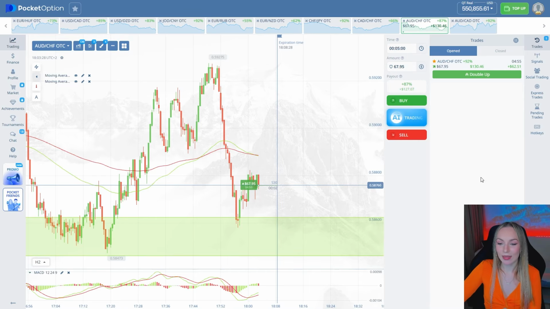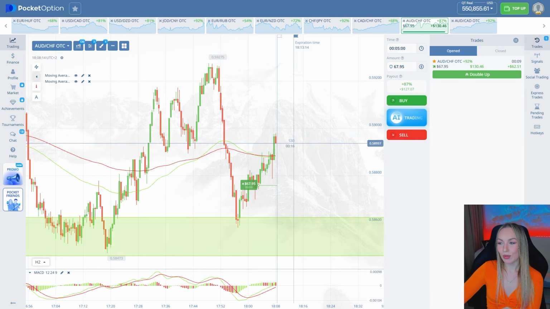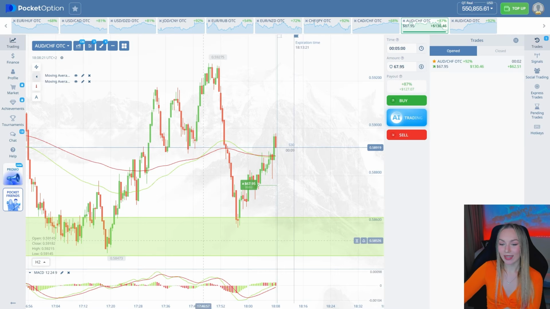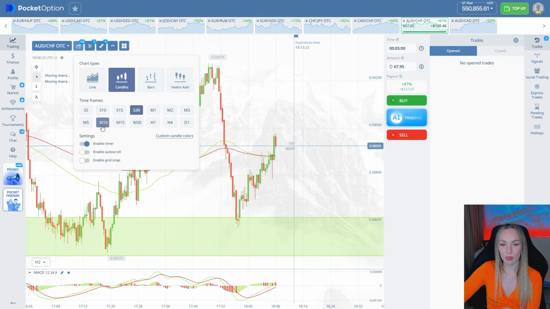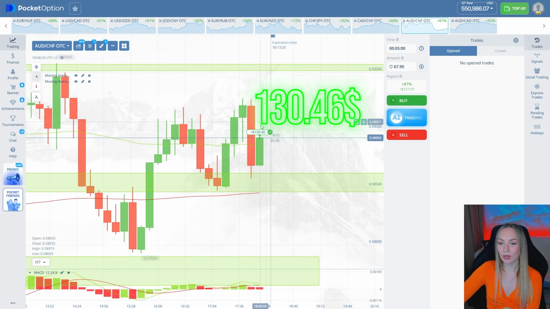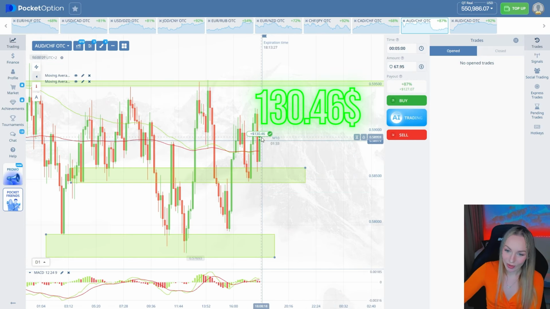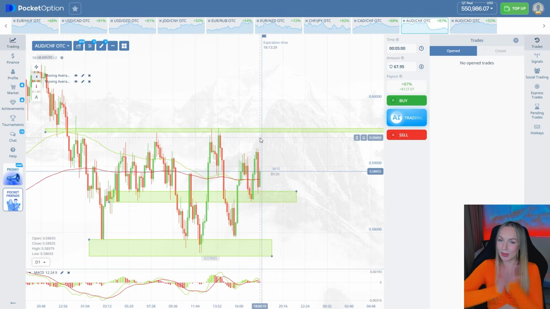Let's go, let's see how it goes. Whoa, look how much up it went. It looks like a perfect trade, and I was right about the support zone, and we just got $130 profit. Well done, Julia.